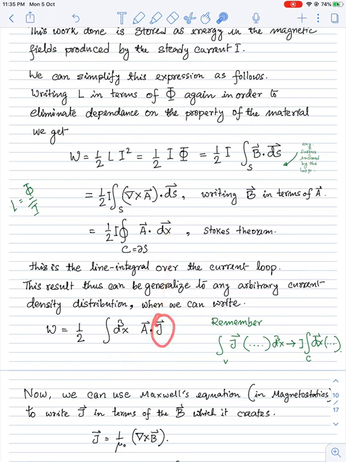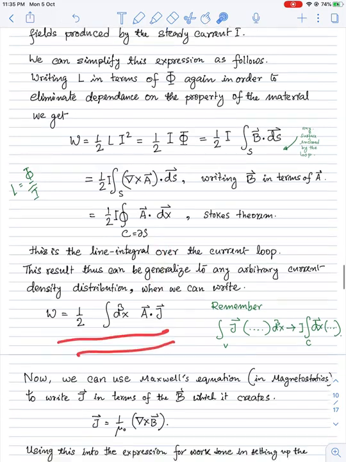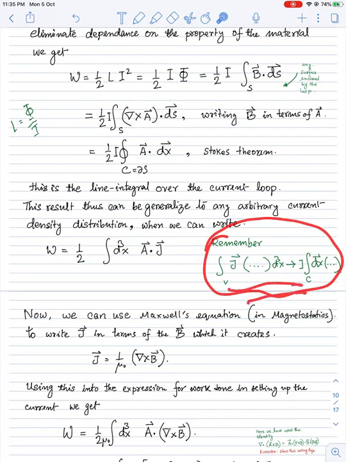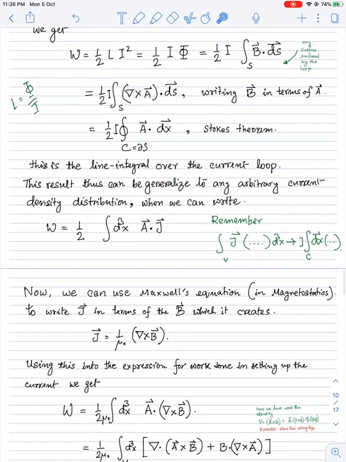You remember, the volume integral of current density is basically the line integral of a current in a current carrying conductor. So that we are using here to go from here to here. And if this is the total work done, this is the way I had written it in the previous video on magnetostatics. So this is exactly the same thing that we are applying here.